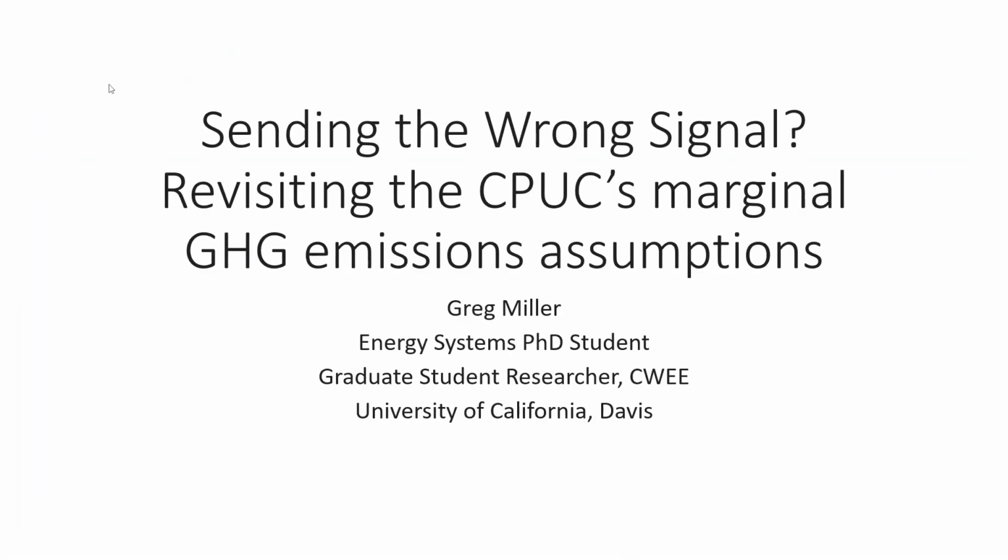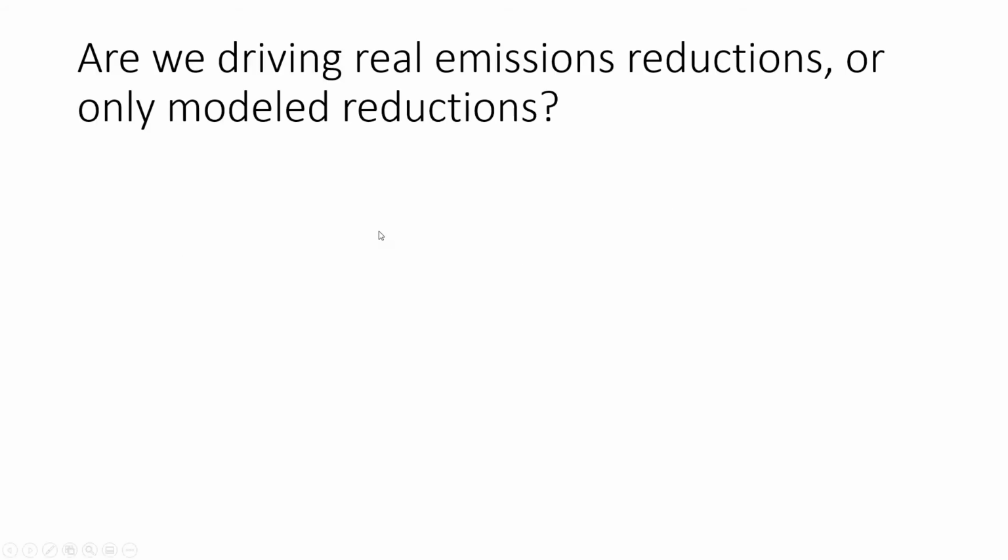My name is Greg Miller, and I'm a PhD student in the Energy Graduate Group here at UC Davis, and my research focuses mostly on carbon-aware energy loads in the commercial and industrial sector. And the research that I'm going to be presenting on today gets at the question more broadly of how we measure carbon emissions in California and what impact that can have on how quickly and effectively we decarbonize our electric grid.